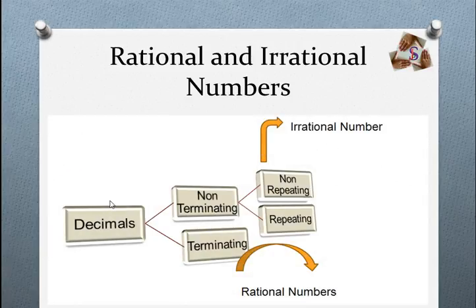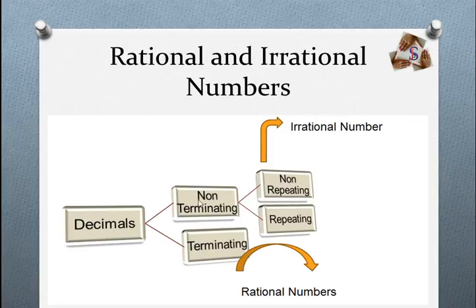So when I consider a decimal, either the decimal is terminating or the decimal is non-terminating. Now what do I mean by this? When I divide a fraction, either its division comes to an end or its division doesn't come to an end.